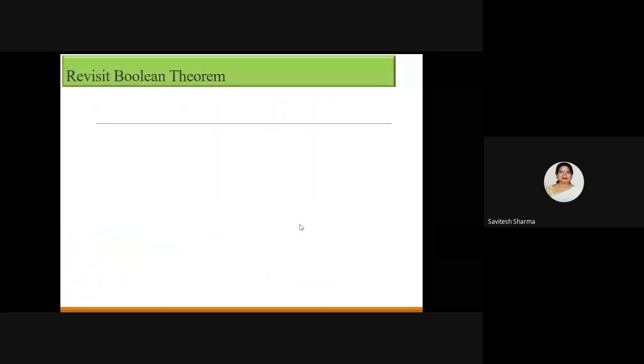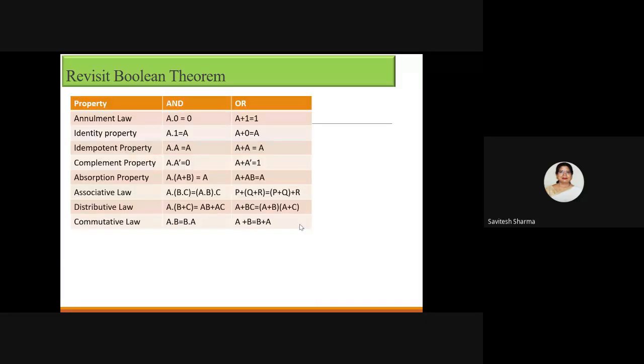As I said, for minimization you should remember the Boolean theorems. So again I am showing the Boolean theorems we already studied. Please see it once. What are the properties we are going to use for minimization? As already told, 3 gates are there, and based on them some properties are there.